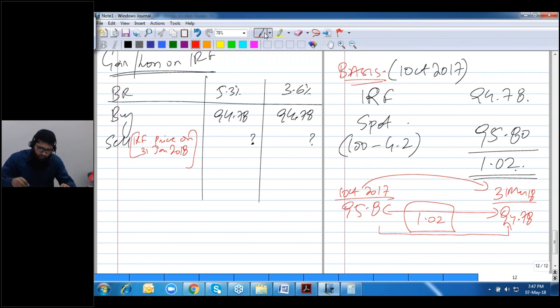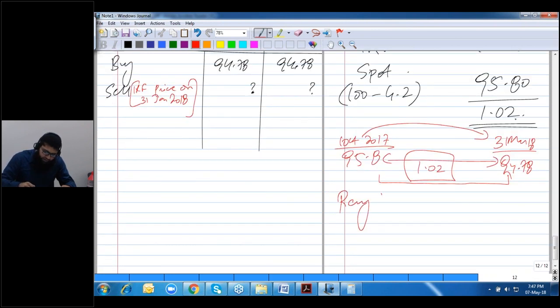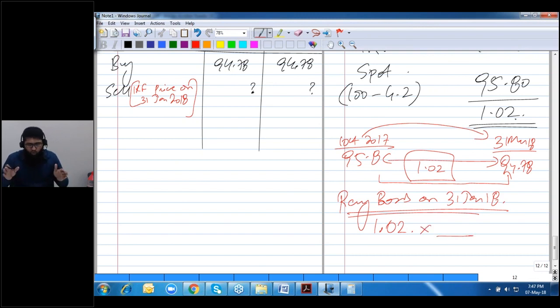Now see, so we calculated the basis on 1st October 2017. Now what we need to do is calculate the remaining basis on 31st January 2018. How would we calculate the remaining basis? So the difference was 1.02 and it is expected to become 0 on 31st March 18.